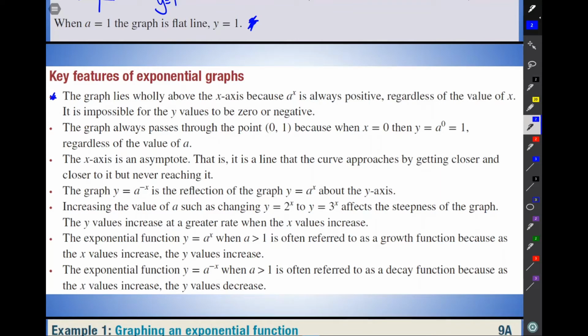Or something like this: the x-axis is an asymptote. What asymptote means is basically the line approaches the x-axis, but it never actually touches the x-axis.